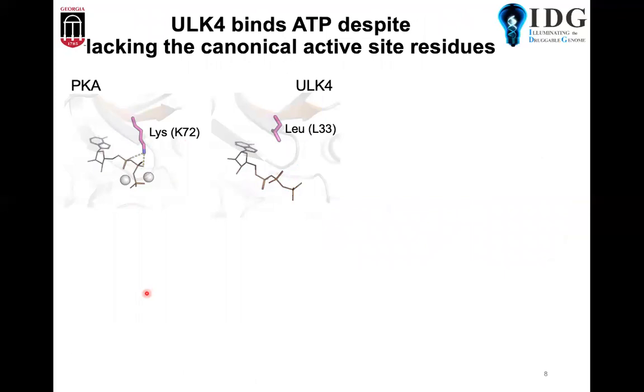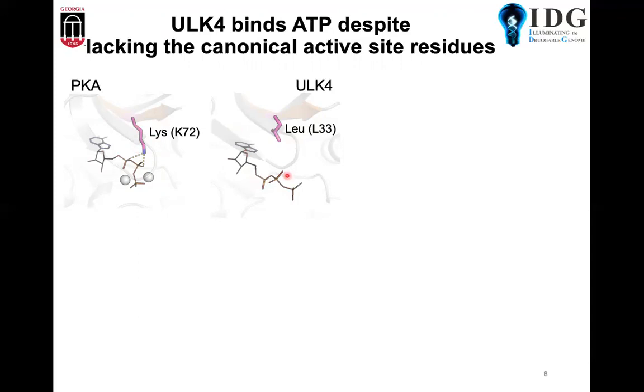Just to give some context, much of our understanding of how kinases bind ATP has come from Susan's pioneering studies on protein kinase A, where she has shown elegantly that mutation of the lysine, even to an arginine, abrogates ATP binding and impairs catalytic activity.